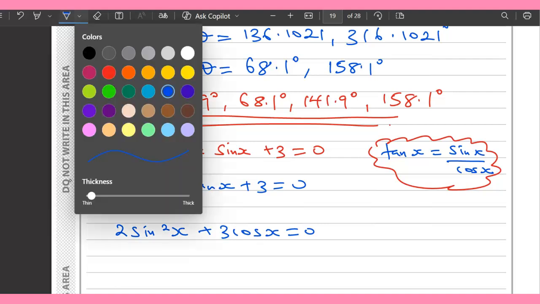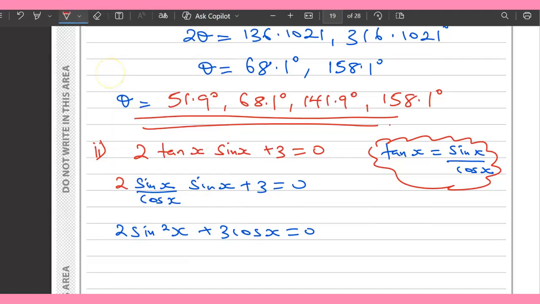Number 2, we can also recall the identity sine squared x is simply equal to 1 minus cos squared x.